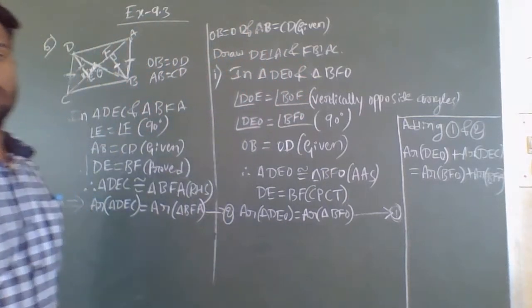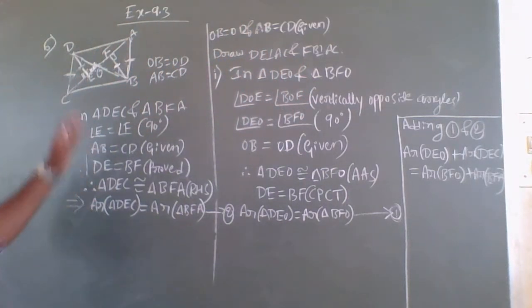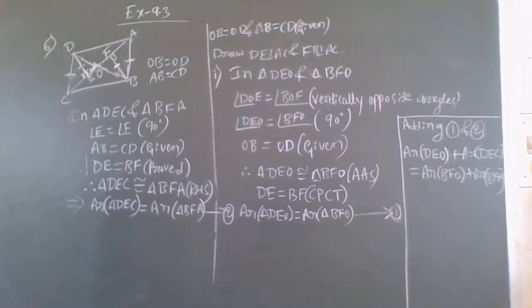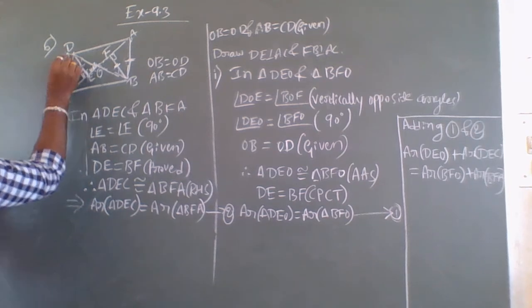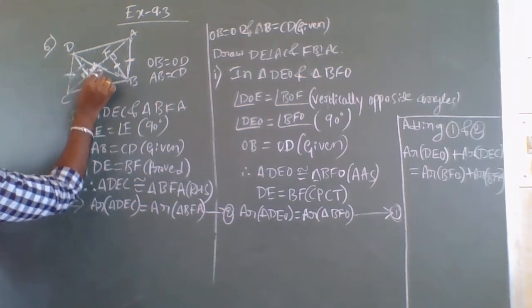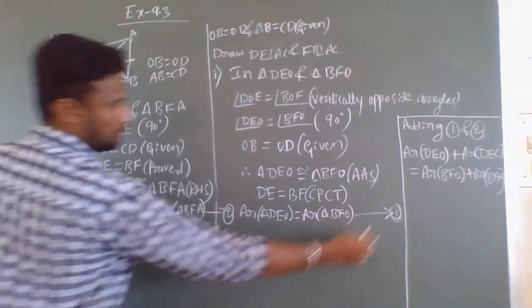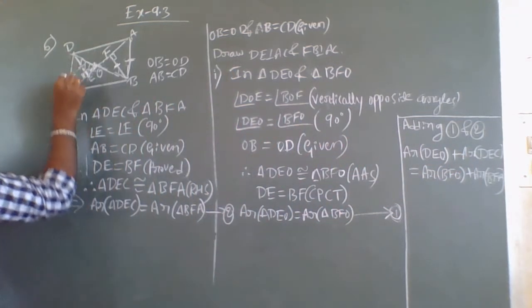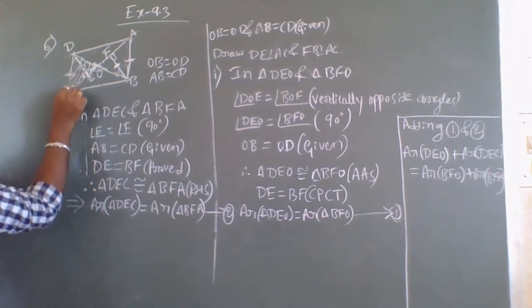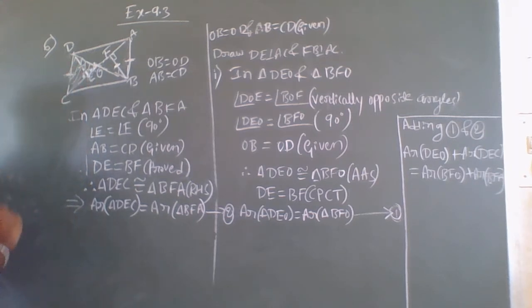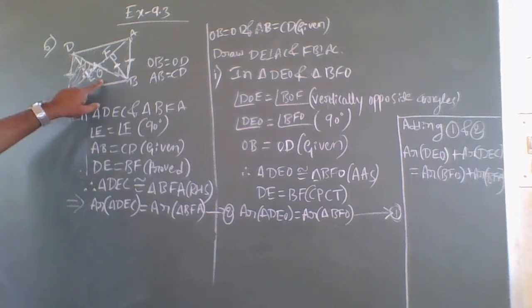So now in the diagram, DEO plus DEC means what we will get? DEO means this part, next triangle DEC means this part. So when you add these two, what you will get? Triangle DOC.